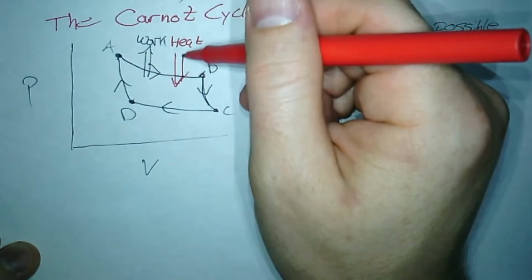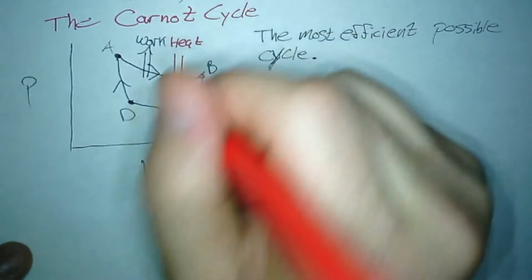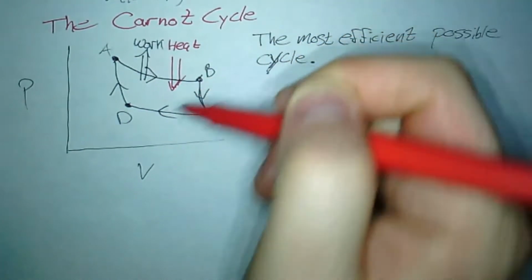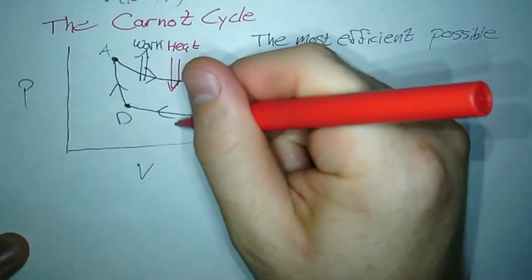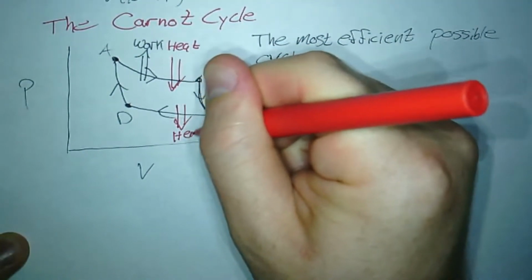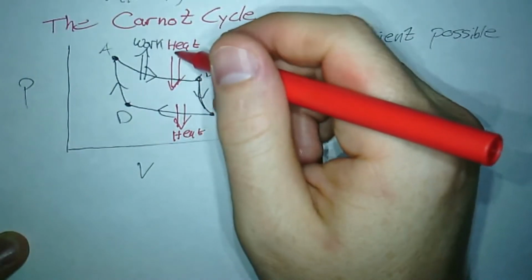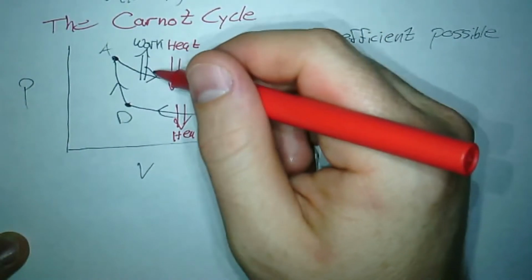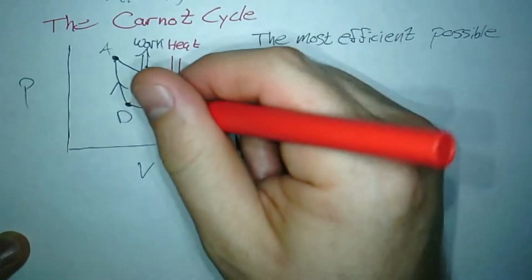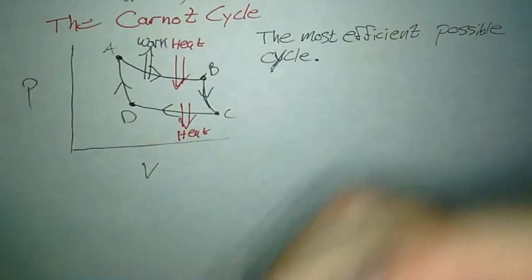So in theory, since that heat's coming in and you want it to be all uniform, this process here would require an infinite time for it to actually be isothermal. And the heat is also the same direction here. You'll also notice that on these processes, it's usually entering on the top if I'm going clockwise and leaving on the bottom if I'm going clockwise. And the work is doing the opposite.